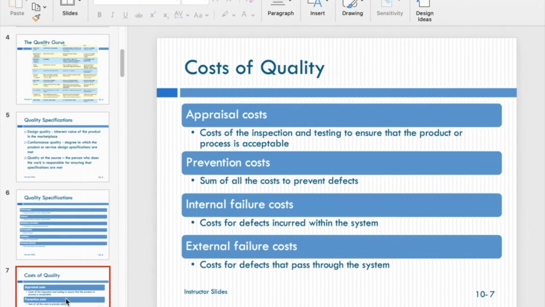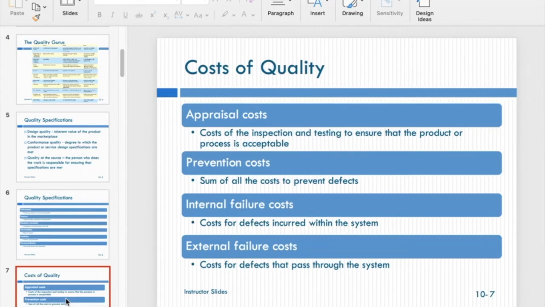In all these four different costs, which one do you think is the most important cost within quality management? Think about this. Actually, the prevention cost is the most important cost. Why?